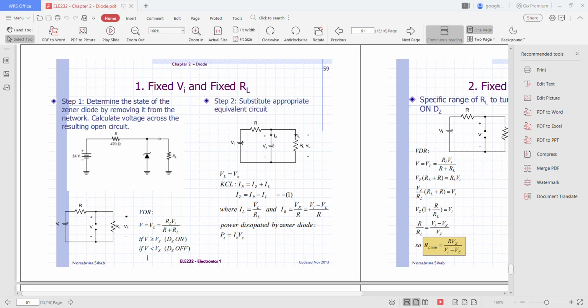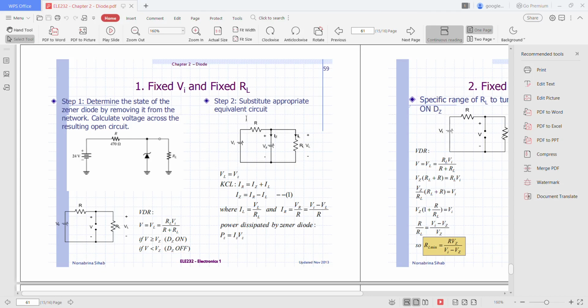But if V is less than Vz, Zener diode will be off. Okay, so in the first step, we have to remove the Zener diode, and this will be an open circuit. So we apply the voltage divider rule across RL. So the voltage across RL is equal to this equation. Alright, now we go on to step 2.